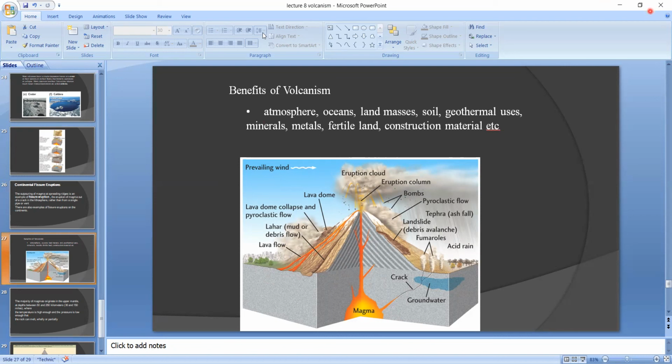So what are the benefits of volcanism? We have always discussed the cons of volcanism, like casualties, deaths, and so on. But there are benefits as well. It provides you construction material, fertilizers, minerals, metals, and it can be used as geothermal energy, because you can see there's groundwater, there's magma.